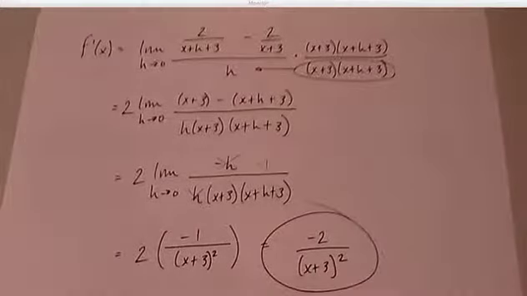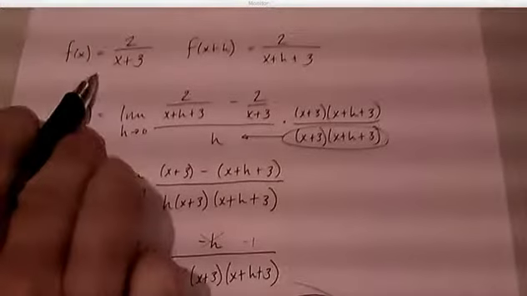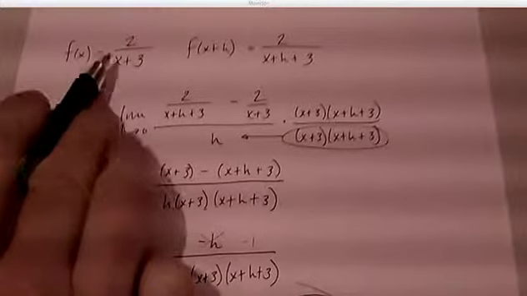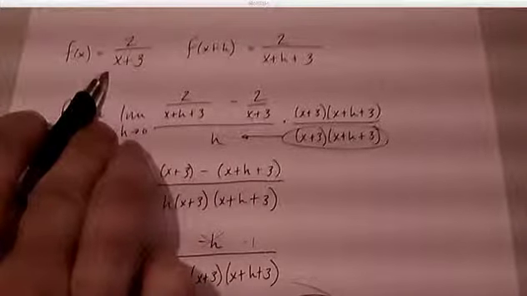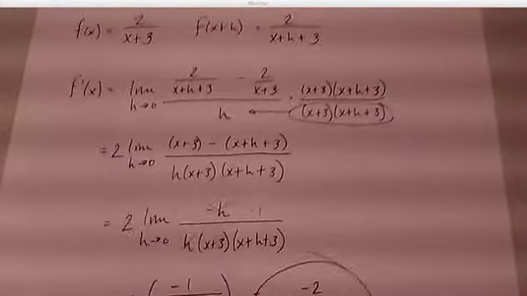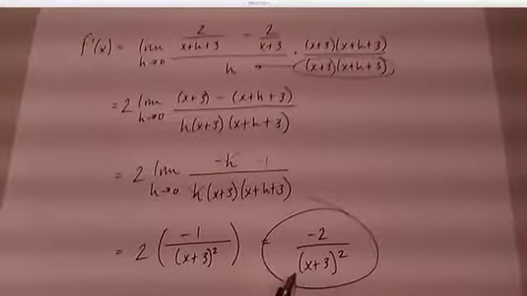That is the derivative of your original function. If you want to know what the slope of this function is at any value of x, it's relatively easy once you have this. This will tell you, okay?